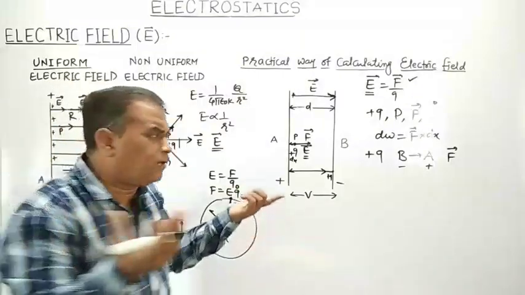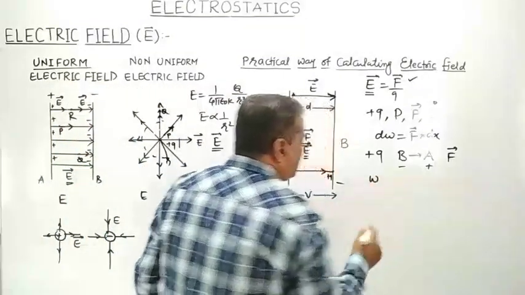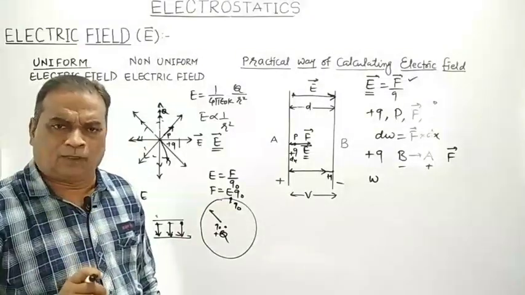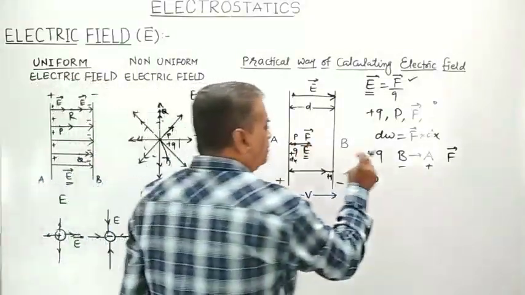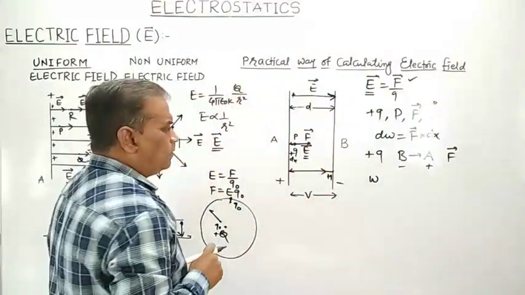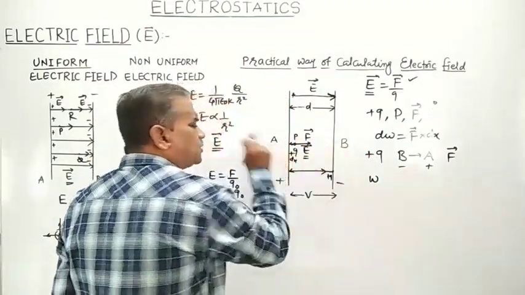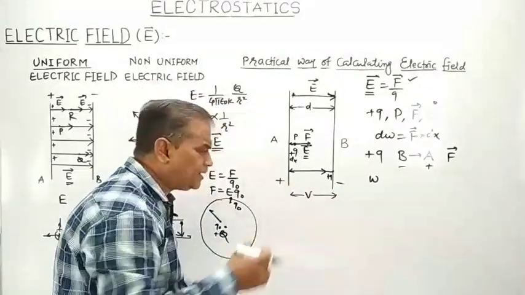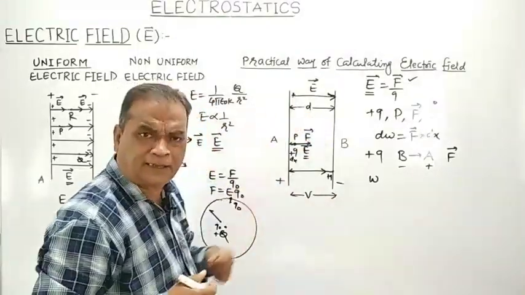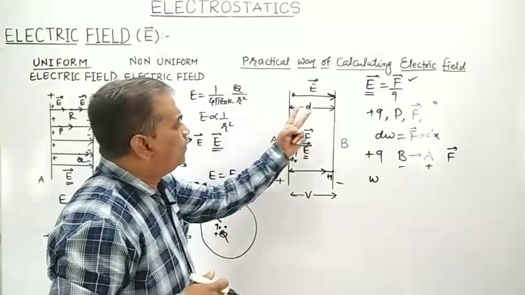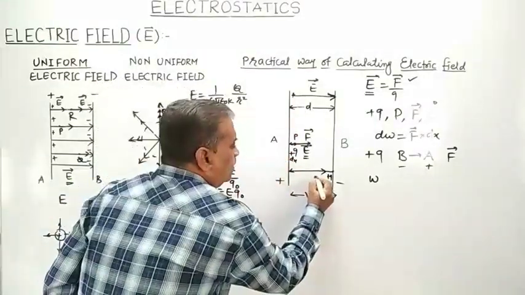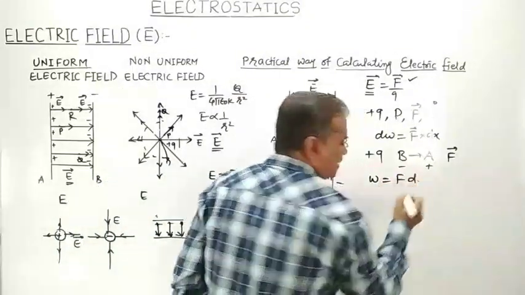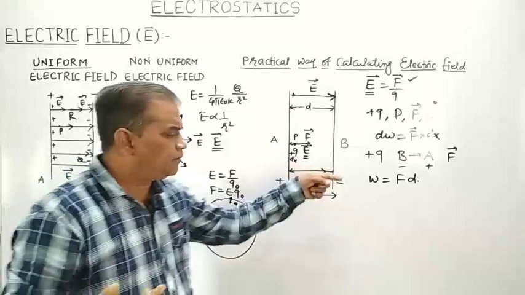And what is the total work that we have to do? The total work done to move plus Q charge from plate B towards plate A. What is the displacement of that charge? Displacement of charge is d. Work is done against the Coulomb's force F. So work done is equal to force into displacement, F, Coulomb's force.